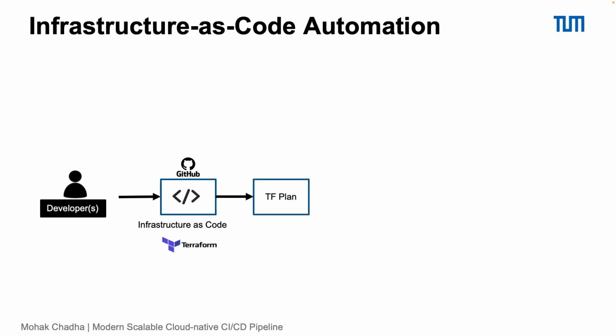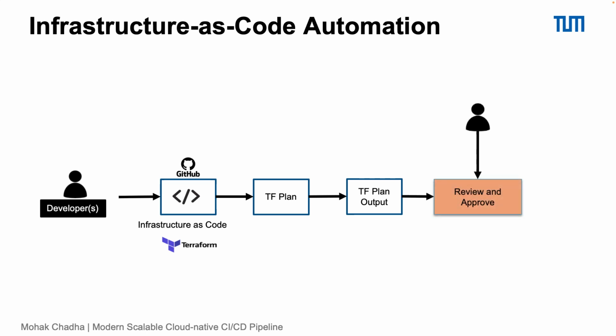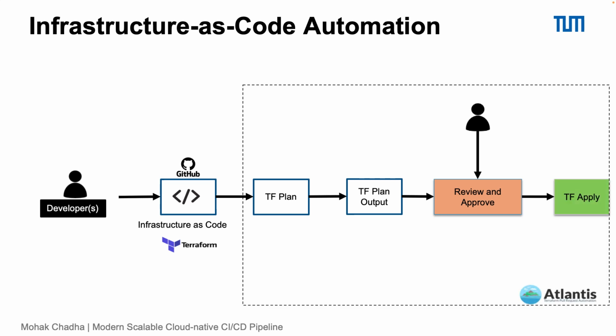Following that, the normal process which has to be followed by an admin is that he has to download the changes locally, run TF plan, look at the TF plan output, and then review and approve that, right? And then do TF apply to make the changes. But all of this can actually be automated using Atlantis.